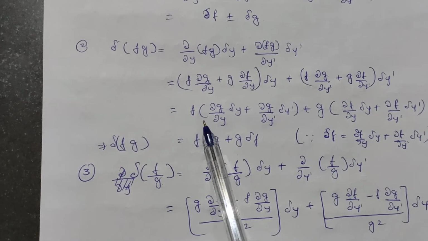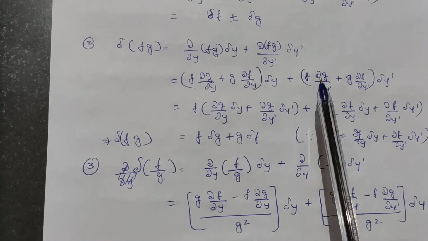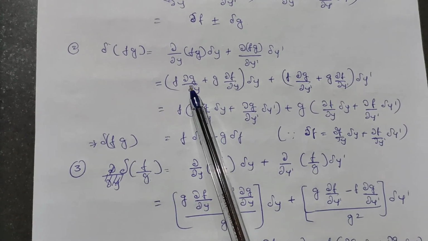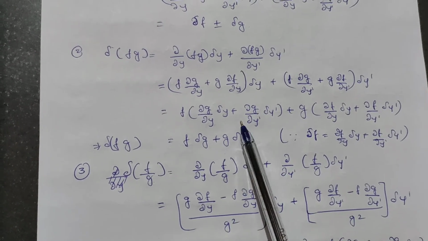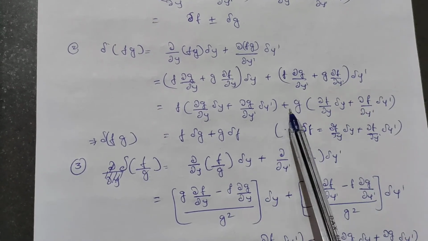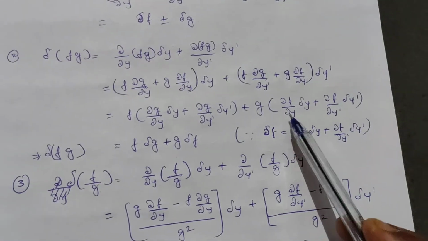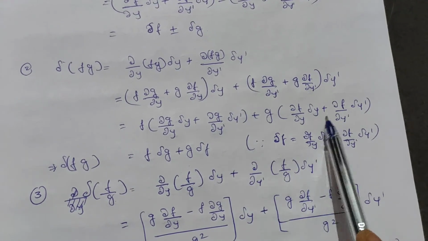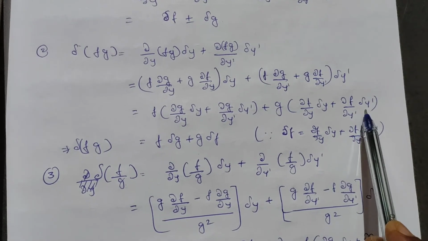Let us take f common, since we have f in two terms. Taking f common, it becomes dou g by dou y into delta y plus dou g by dou y dash into delta y dash. In the remaining terms let us take g common: dou f by dou y into delta y plus dou f by dou y dash into delta y dash.